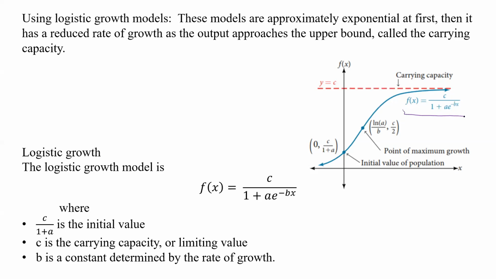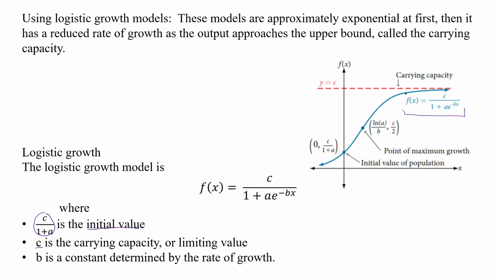This is the function we're going to be using: c over 1 plus a e to the negative bx. The key things are that c over 1 plus a is our initial value. c is our carrying capacity, or the limiting value, so that's where we have our horizontal asymptote.